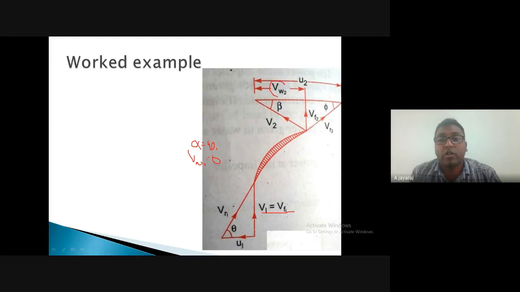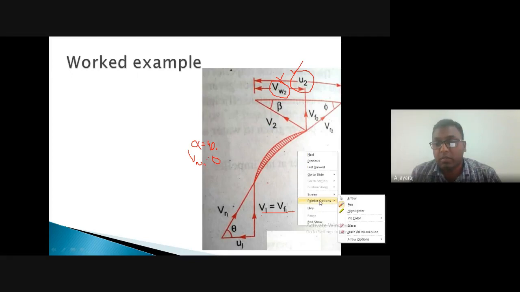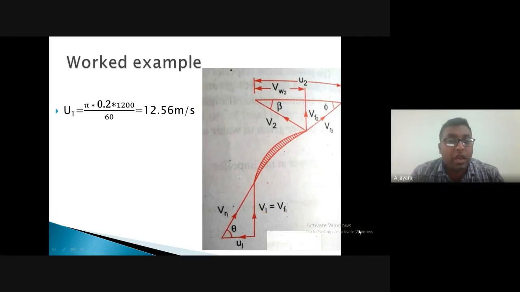We have to find this whirl velocity at the exit and the tangential velocity of the impeller at the exit. After finding these two, we will be able to find the work done by the impeller. U1 is given by the formula pi D1 N divided by 60.